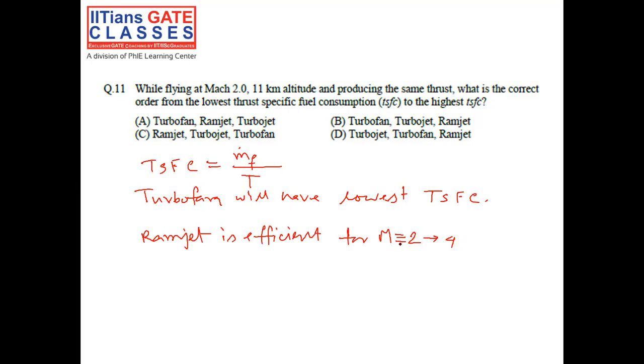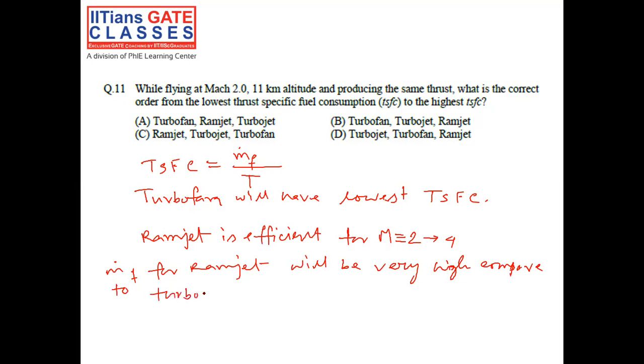So at Mach number 2, for a ramjet engine, the efficiency is very low, and the fuel it consumes is very high. So m_f dot for ramjet will be very high compared to turbojet at the same thrust.